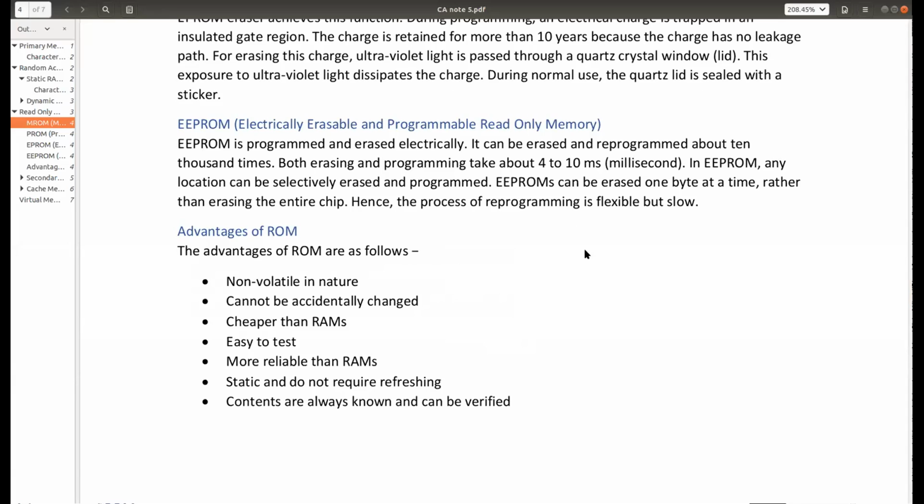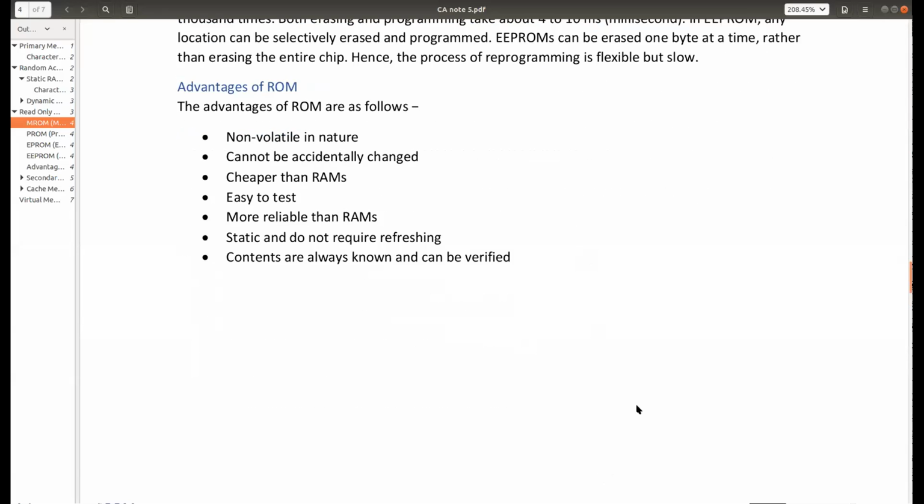We need ROM to boot up our computer system. So both types of devices are needed. We cannot say that RAM is much more important than ROM, or ROM is much more important than RAM. Both have their own uses, and both types of memories are needed.